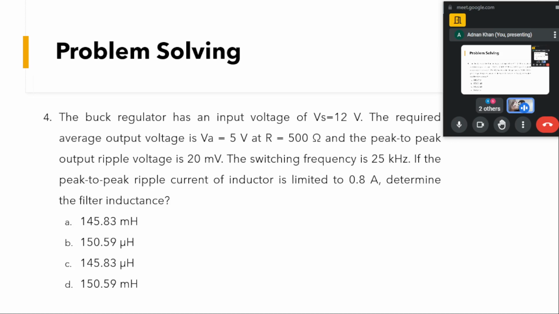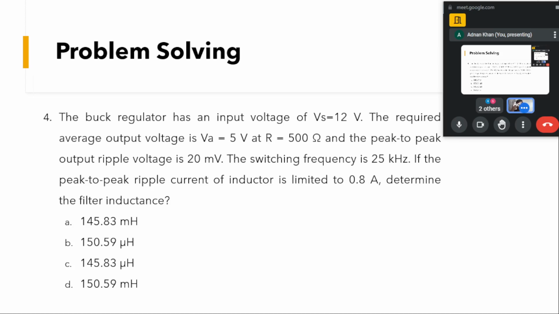What we want is an output voltage ripple of 20 millivolts only. So the output voltage should fluctuate around an average value of 5 volts, with an overall ripple of 20 millivolts.